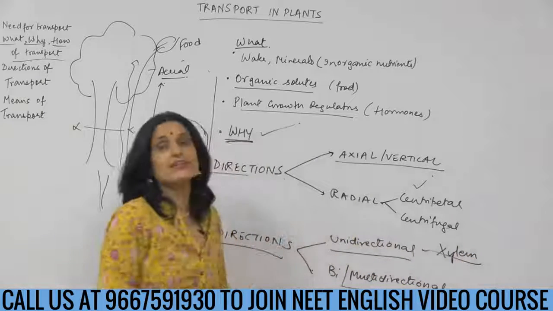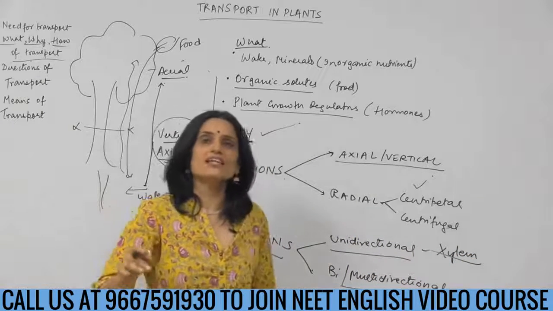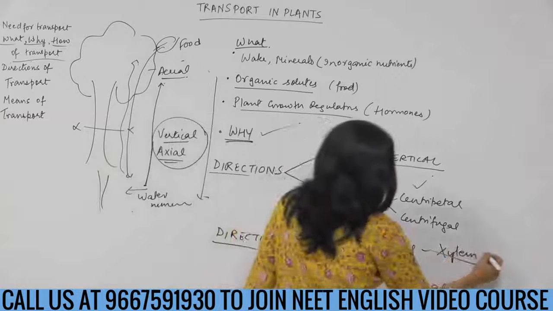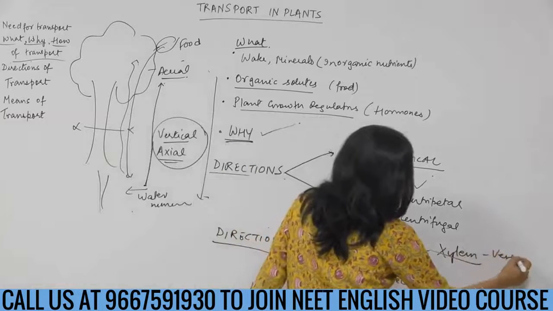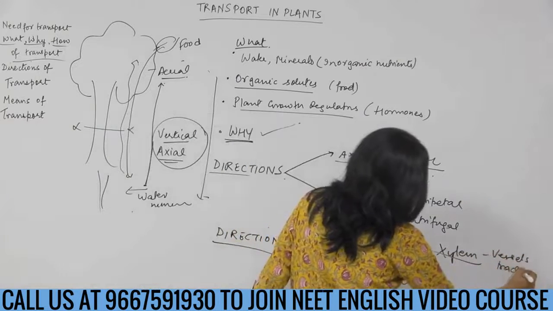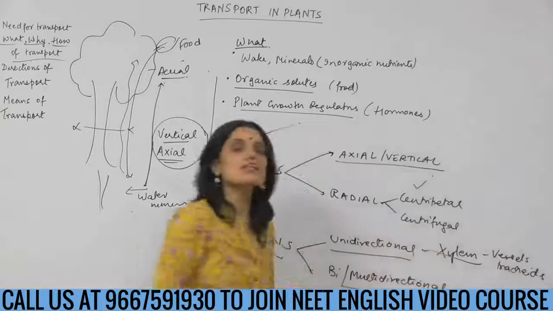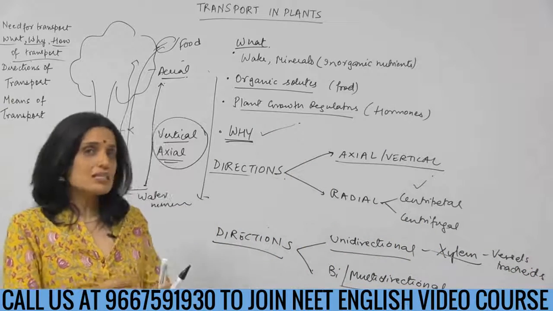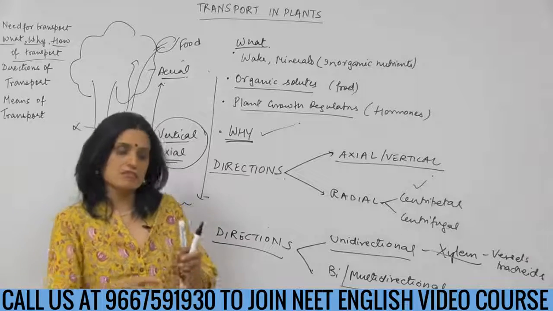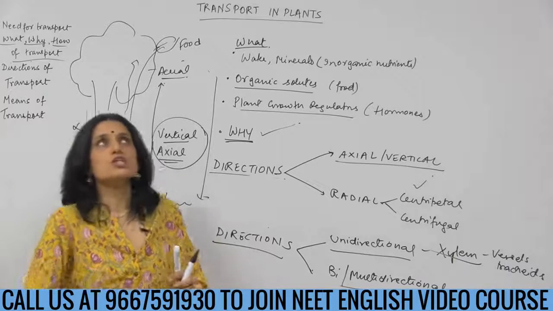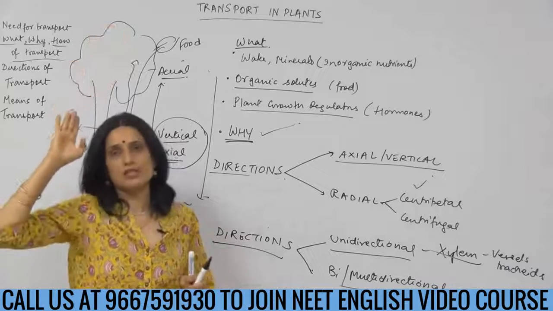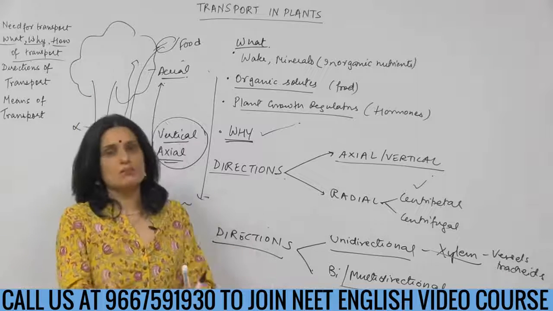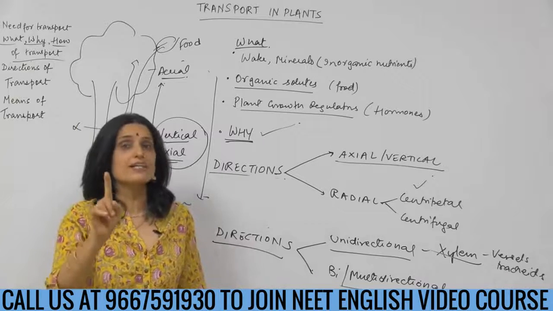We know that xylem is made up of various conducting and non-conducting elements. The conducting elements of xylem are mainly the vessels and the tracheids, right? Now in the vessels and the tracheids of xylem, we find that the transport essentially takes place from the bottom, or from the root, to the upper parts of the plant, which means it's obviously an axial or a vertical transport and essentially in one direction.